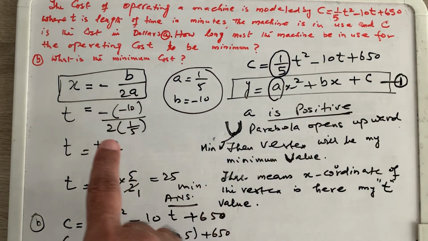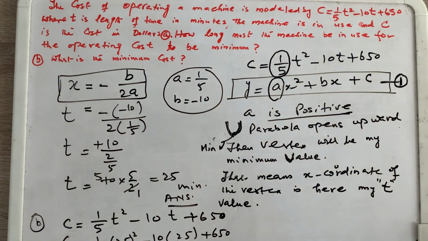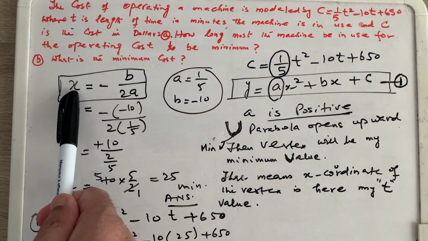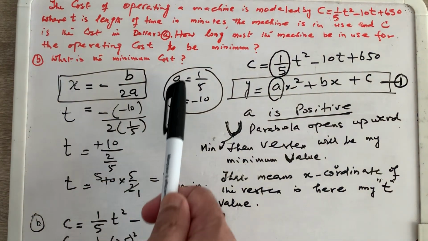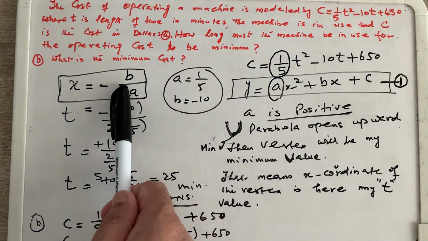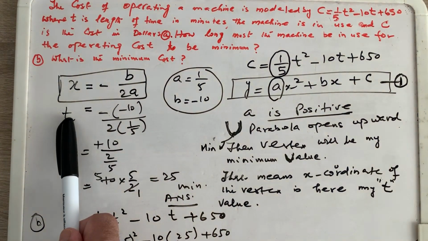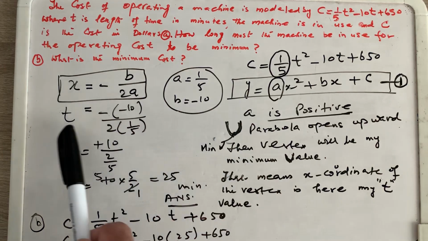So we know that the x coordinate of the vertex in standard form can be calculated by the formula x is equal to minus b divided by 2a. So we have the values of a and b, substitute them in, and then get the x coordinate of the vertex, which in my case is t.